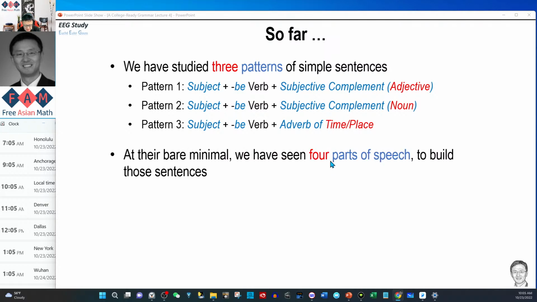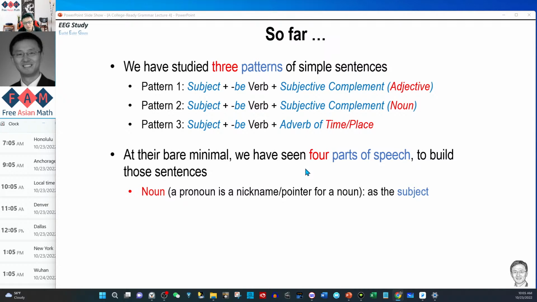So at the bare minimum, we have seen 4 parts of speech used to build those 3 different patterns of sentences. First, we need a noun because a subject is a noun or noun equivalent. It cannot be anything else. Of course, a noun equivalent includes a pronoun.